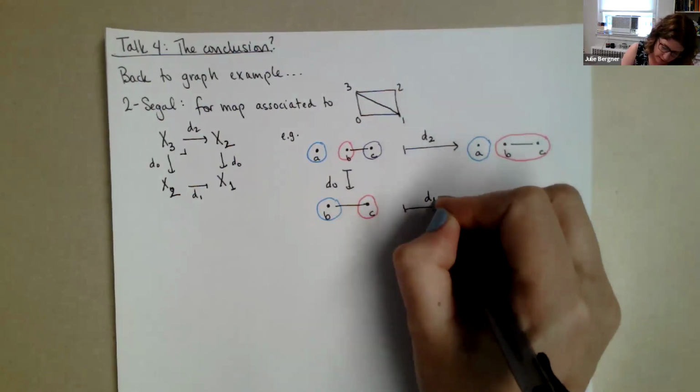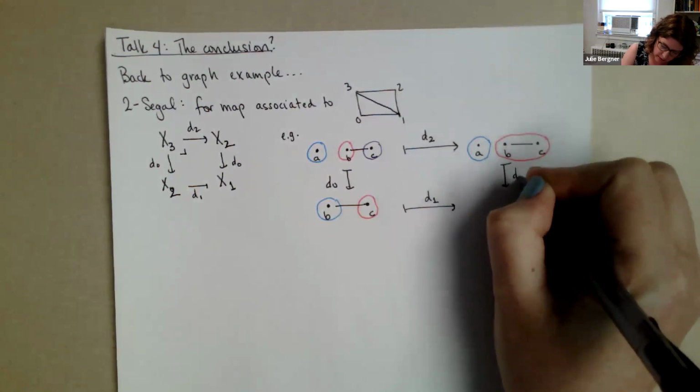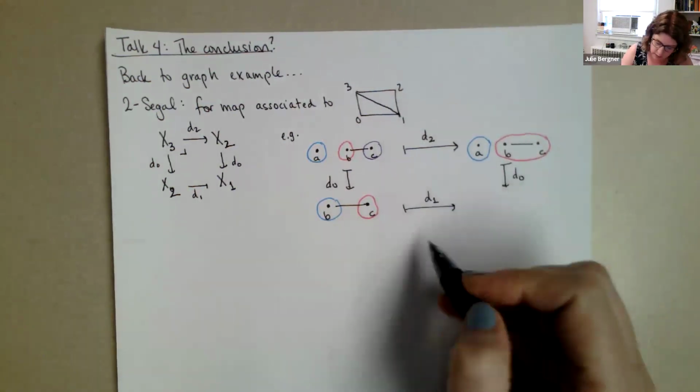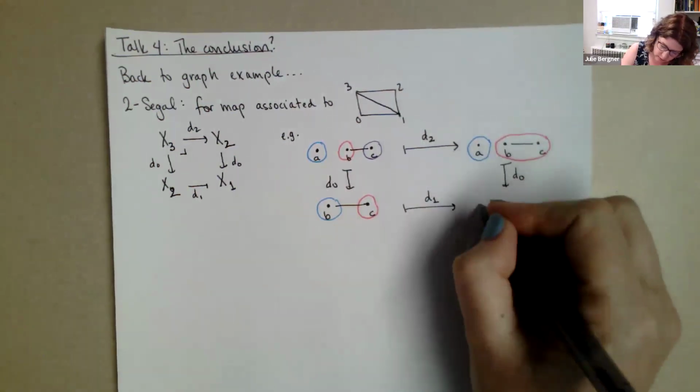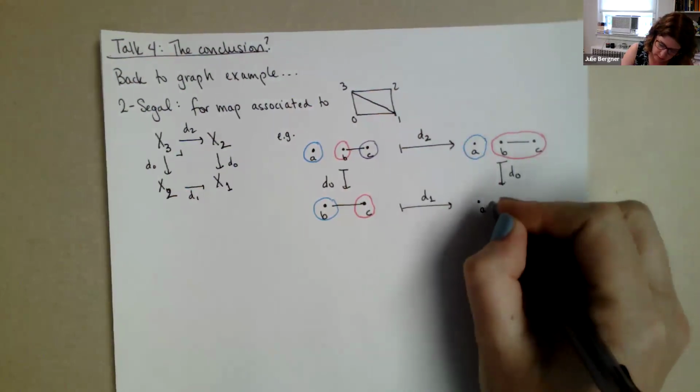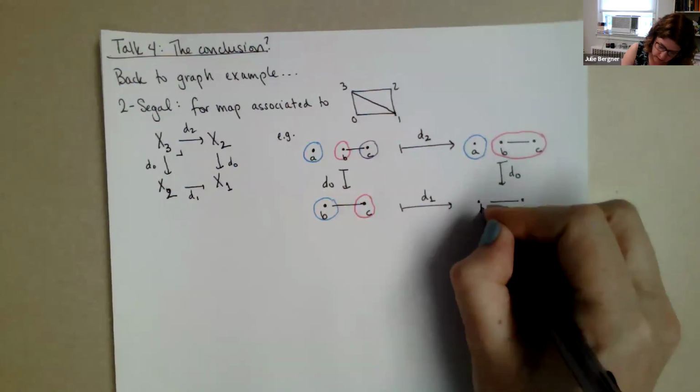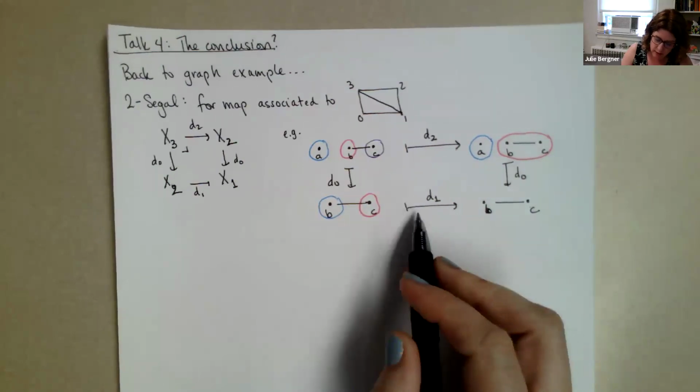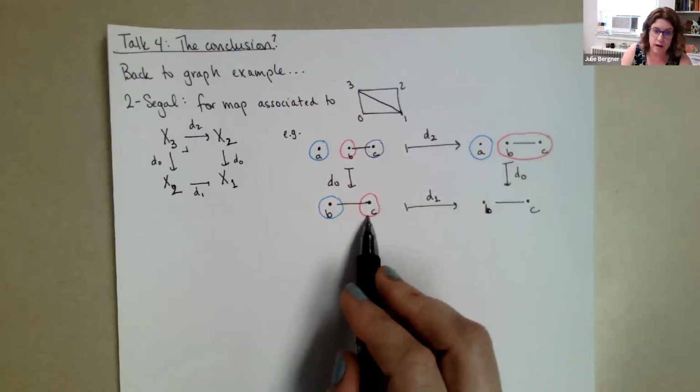Okay, so now we're in a more familiar setting. So D0 is just going to leave off the A and we'll just be left with the edge from B to C. And notice that's what the D1 map does here too.